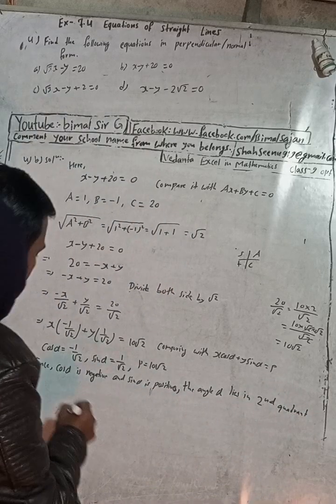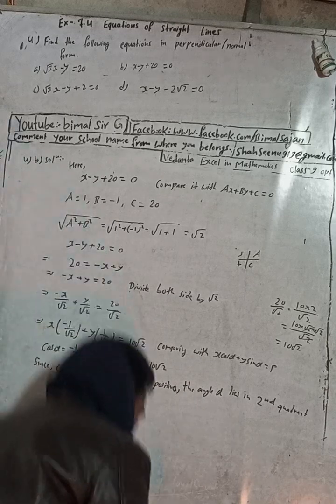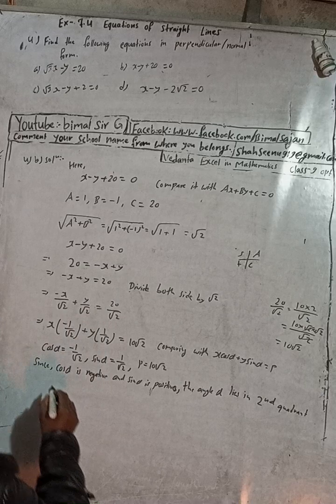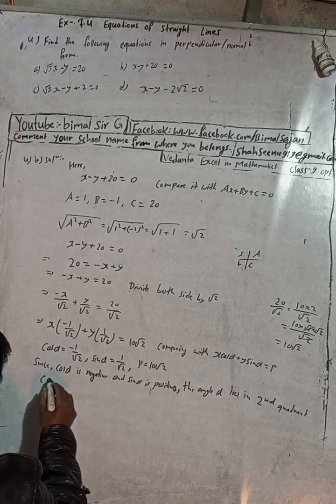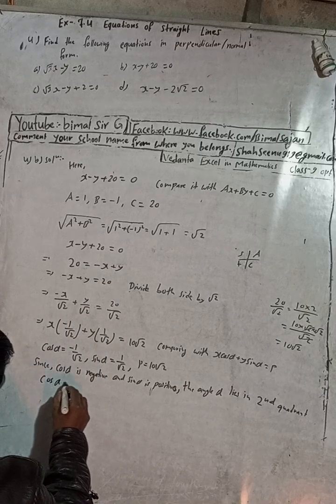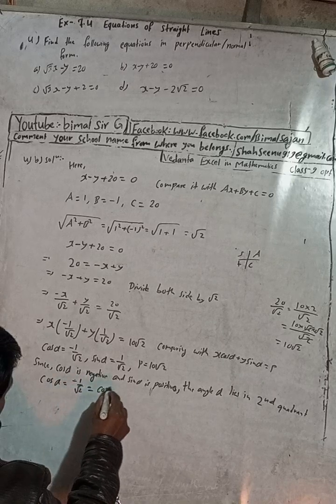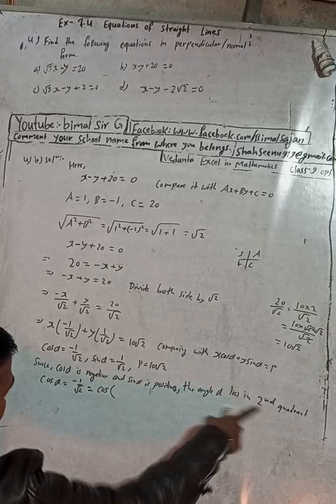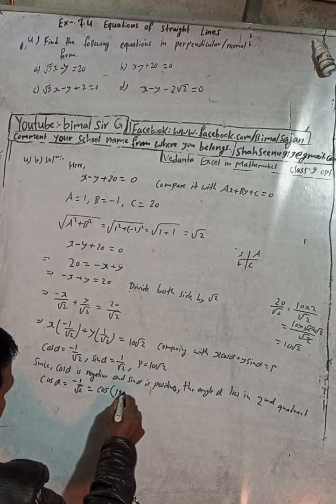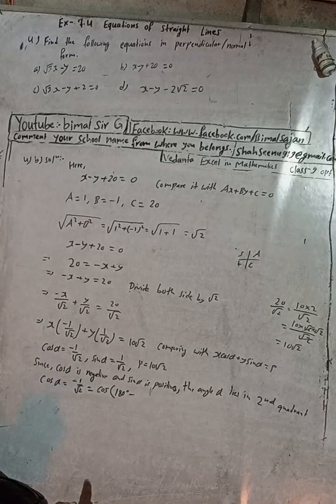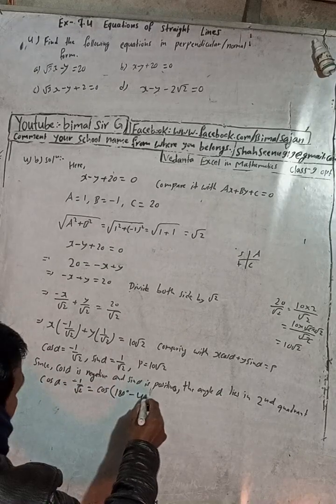Now cos alpha is equal to minus 1 by root 2. This can be written as cos 180 degree minus 45 degree, because second quadrant means 180 minus, and 1 by root 2 is the value of 45 degree.